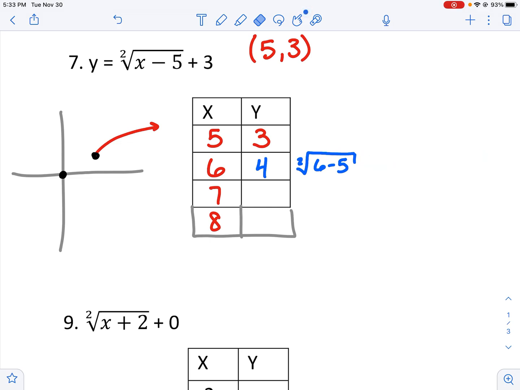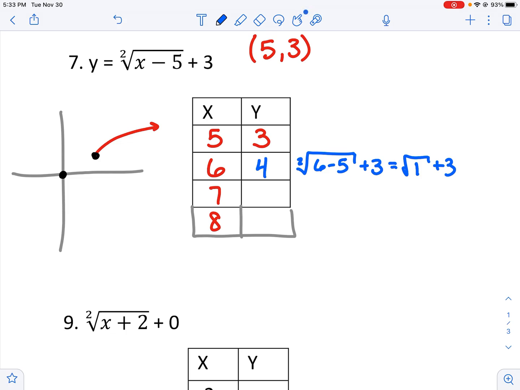So what would I do to simplify? The first thing I would do is simplify everything I possibly could with the square root. I wouldn't even touch the plus 3 outside or anything multiplied outside until I was done simplifying that radical. So I can simplify the inside. 6 minus 5 is 1. And I will not change that plus 3.